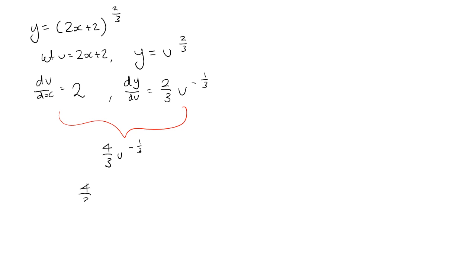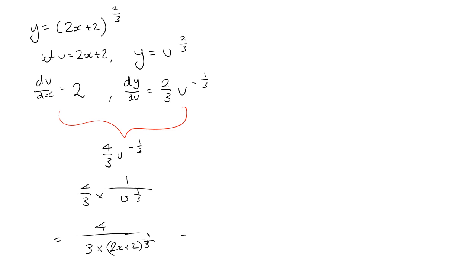So 4 on 3 times 1 over u to the power of 1/3. Now our u is 2x plus 2 and the power is 1/3, correct? So now that's the cube root.